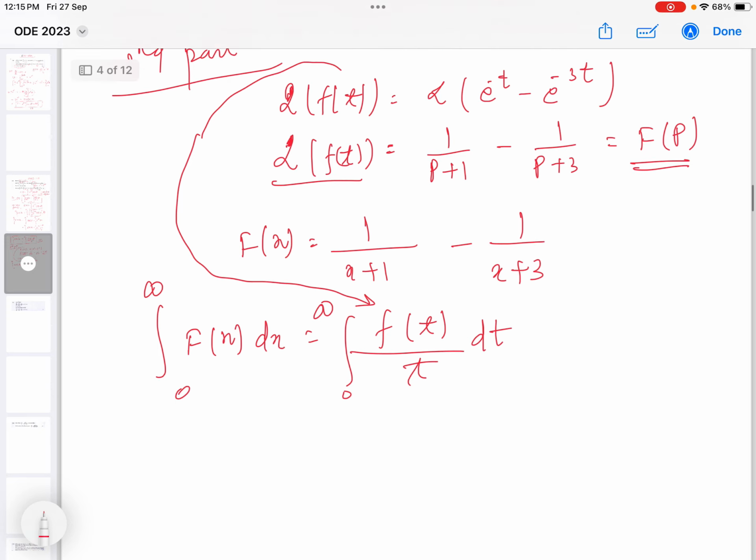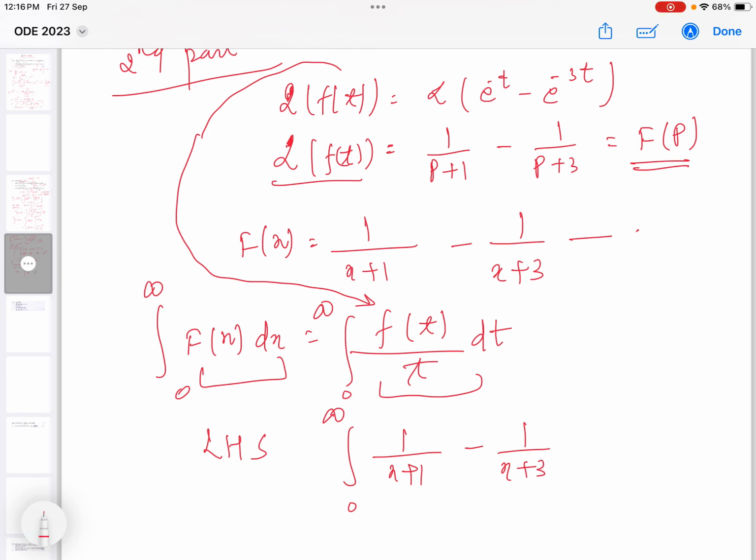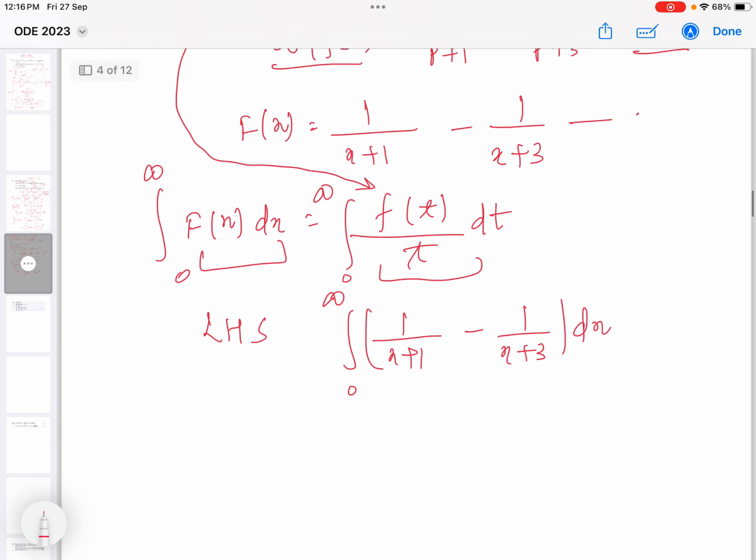So in order to find this, we can calculate the LHS. LHS is equal to the integral from 0 to infinity, where F of x is given by 1 by x plus 1 minus 1 by x plus 3, integrated with respect to x.